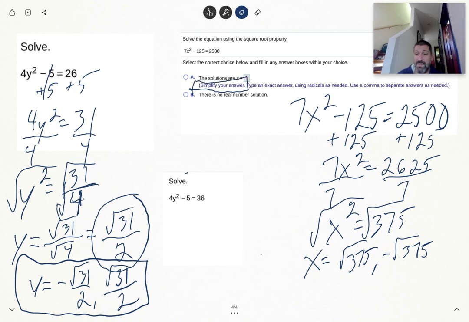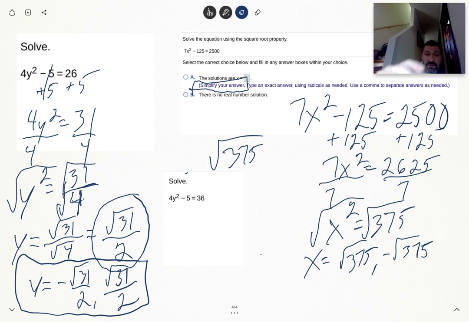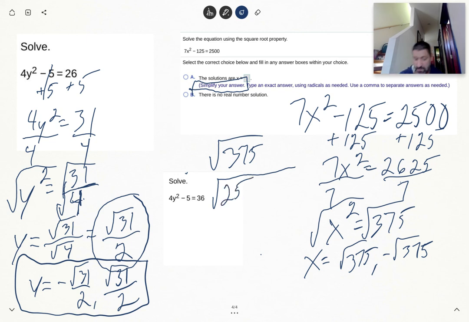So again, do I have any perfect squares that go into the square root of 375? In other words, can this be simplified? I noticed right away that of my perfect squares, and I'm not going to write all those on the side right now, I see that 25 goes in there. So a perfect square.